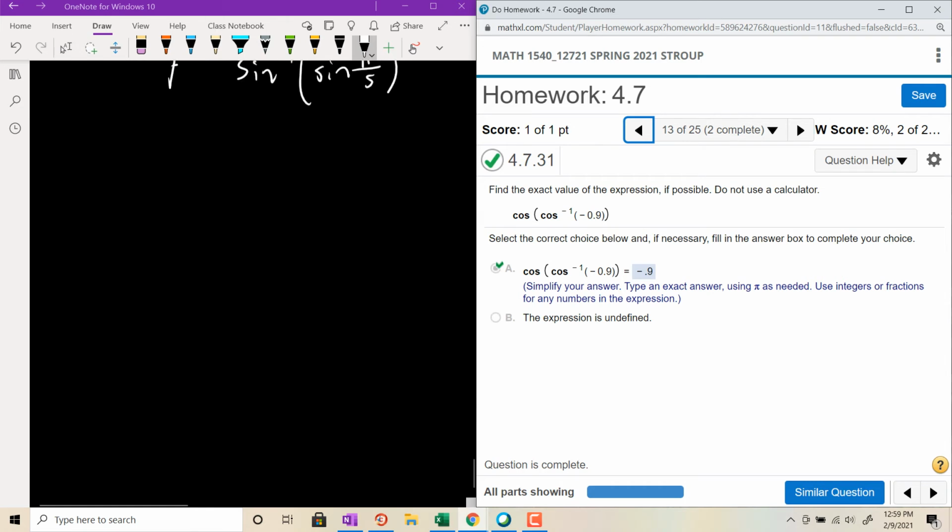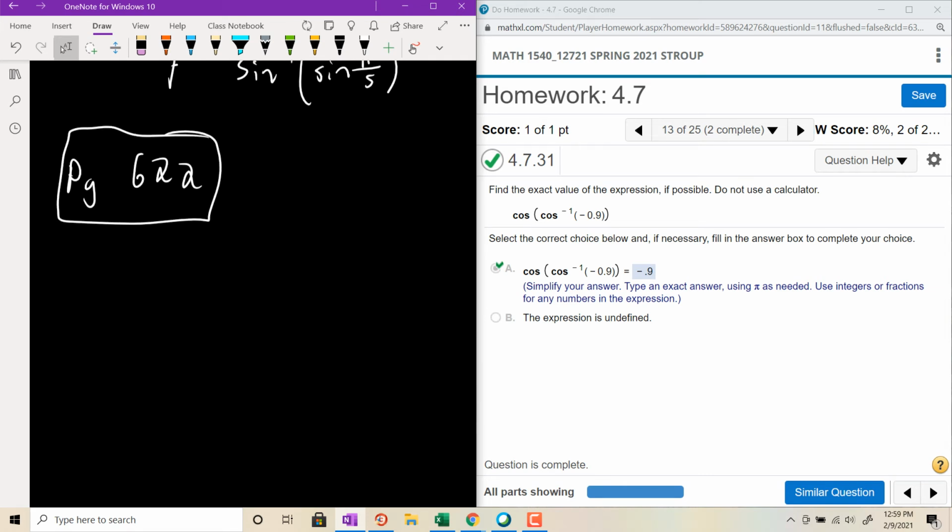So, sorry. If you look on page 622, they kind of iron it out for you. Basically, if you have the sine of sine inverse of x, that's going to be equal to x so long as x is in -1 to 1.